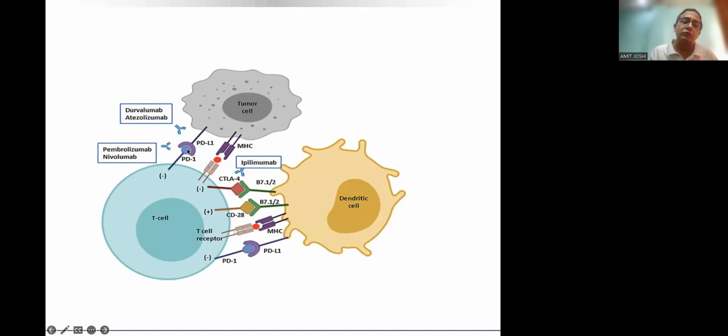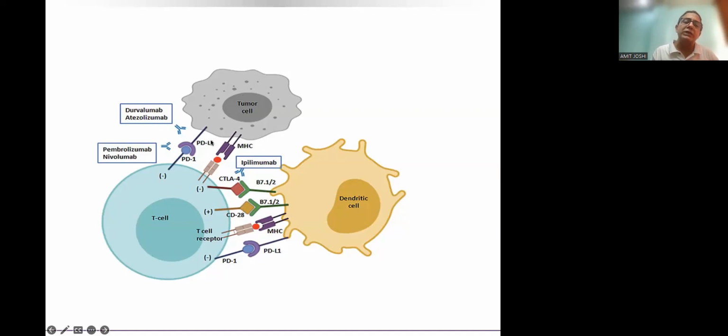If we give some inhibitor which blocks the PDL1, this binding will not happen, and the T cell will remain active and will kill the tumor. Similarly, if you give any drug which binds the PD1 on the T cells, then the PD1-PDL1 inhibition will not be there. So this is one of the basic mechanisms.